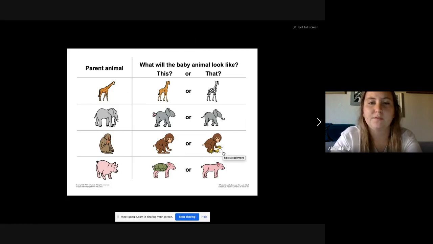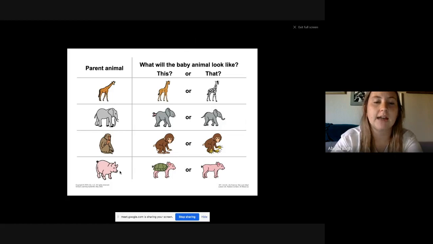Does the parent animal have webbed feet? No, it doesn't. Does a monkey need webbed feet? No, it doesn't. So I know that this one is the baby animal that goes along with this parent animal.